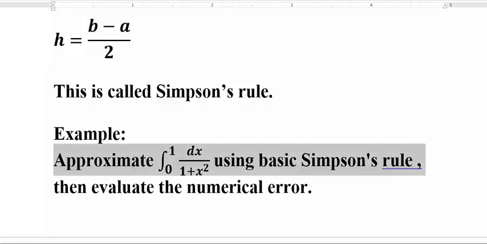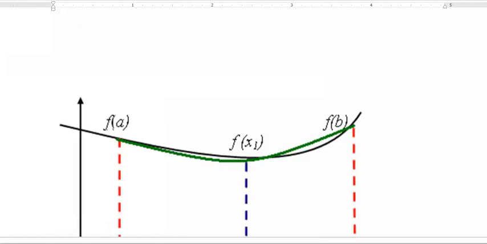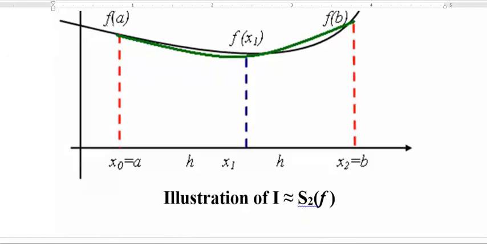Let's focus on the same example we took in the basic trapezoidal rule, integration from 0 to 1 of dx over 1 plus x squared. Here is the graph of S2. Here is the point x1 in the middle, and here is x0 equal a, x2 equal b, and here is the graph.